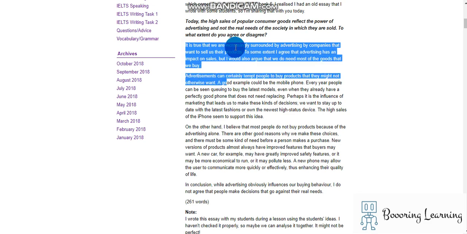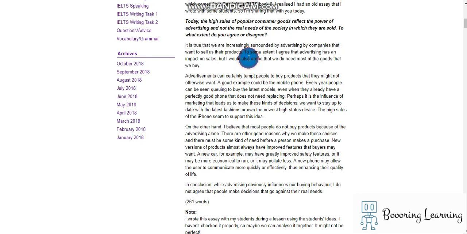It is true that we are increasingly surrounded by advertising by companies that want to sell us their products. To some extent, I agree that. So this structure, this way of saying it, is important, because you can also say I partially agree or completely agree. But you have to know all the ways to say it in your writing.